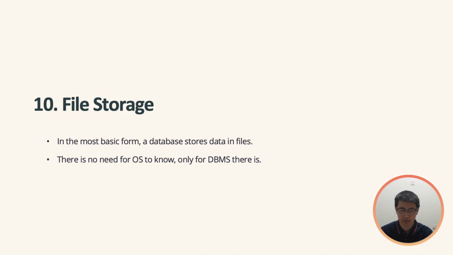Only the database management system knows. For example, some databases might use a multi-file hierarchical structure, like large commercial databases such as Oracle DB or DB2, while others use a single file structure, which is simpler and used by smaller databases.